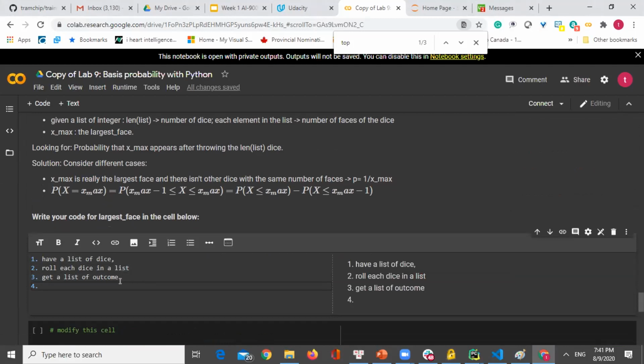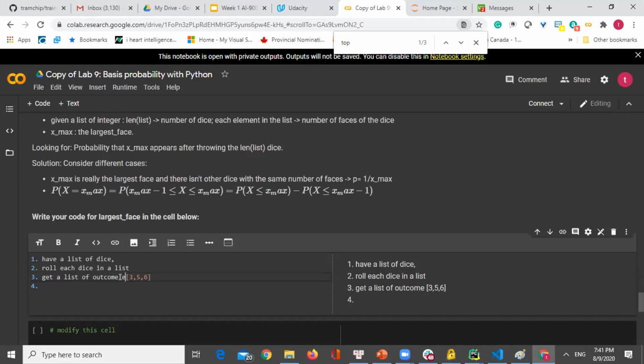Please give more precision about what the elements of the list of outcomes are. So for example, the first time we roll we got a 3, the second we got 5, then the third time we got 6, and that is our list of outcomes, right? Okay, something like that. Yes.